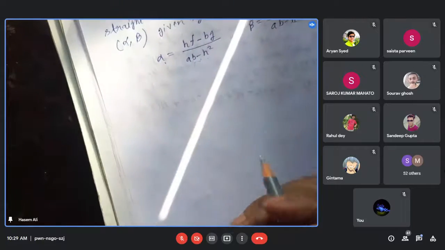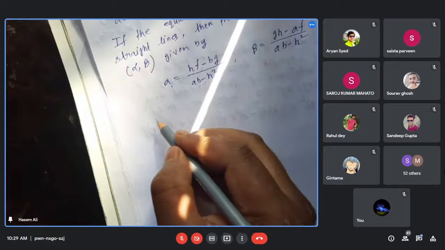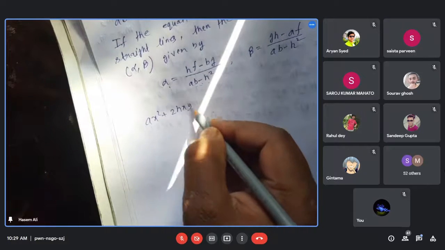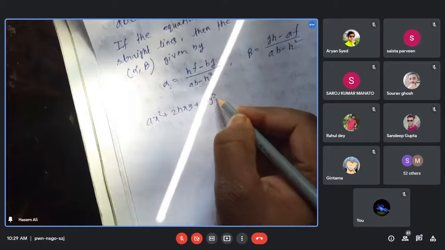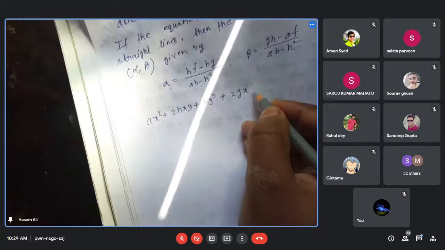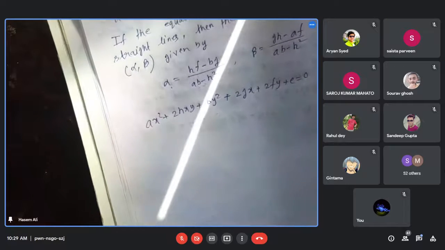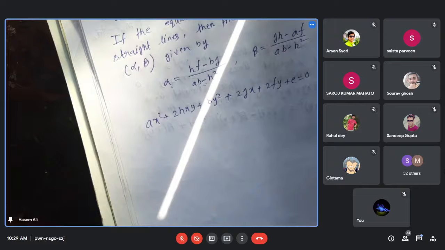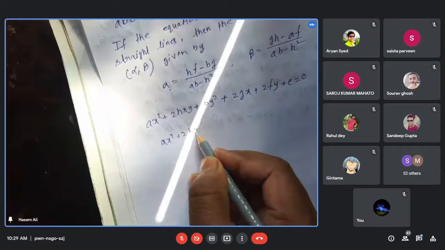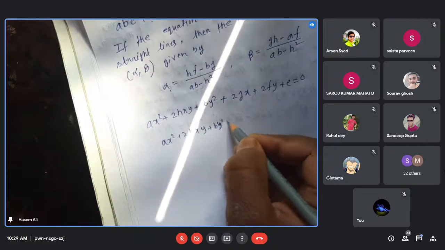There is a theorem; I'm not writing the whole theorem, just describing it. ax square plus 2hxy plus by square plus 2gx plus 2fy plus c equals to 0. And in this case, ax square plus 2hxy plus by square equals to 0.